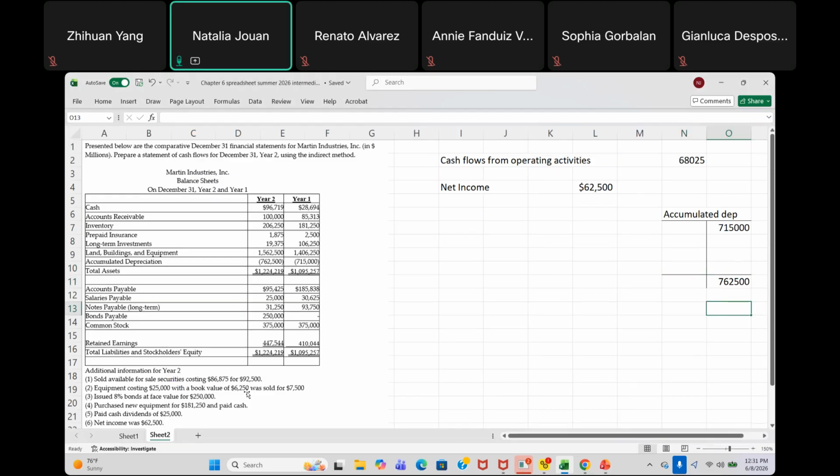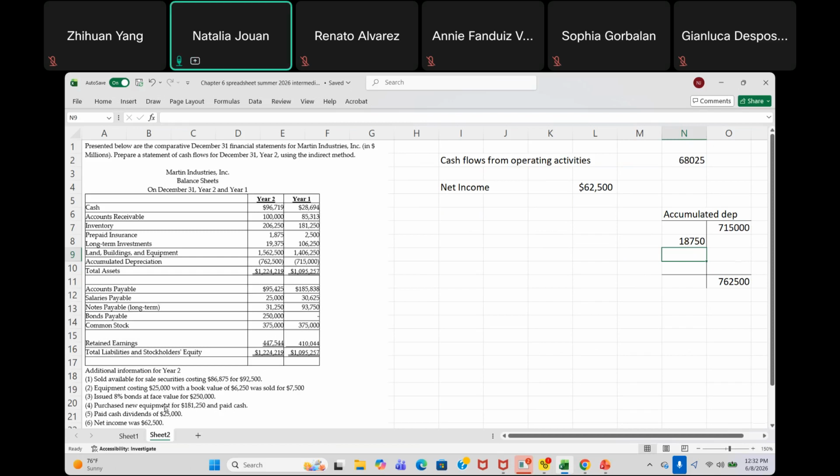So if this equipment cost us 25,000, let's do the math. We have a book value of 6,250. That means that when we sold the equipment, we also had to take care of the accumulated depreciation related to the equipment. So accumulated depreciation must have been debited by 18,750. Let's see if there's anything else.